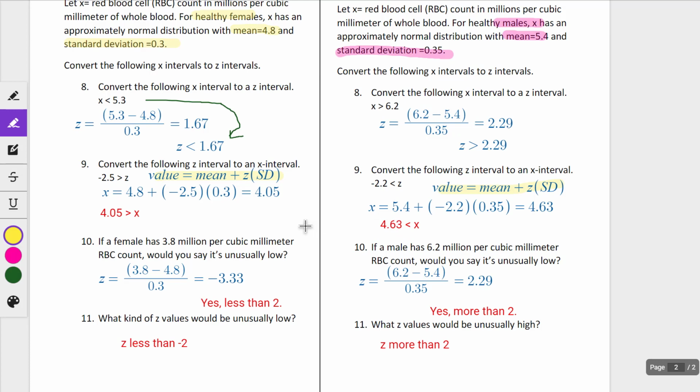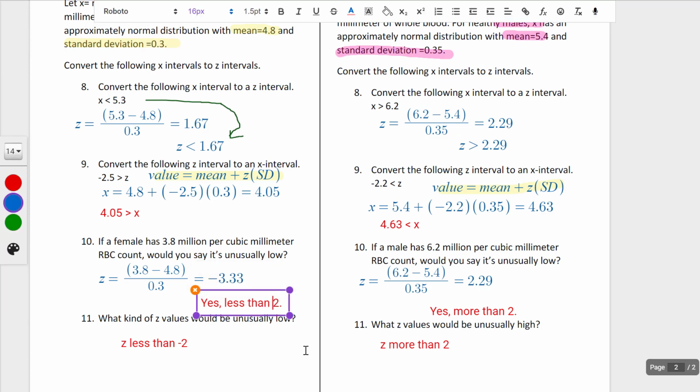If a female has 3.8 million per cubic millimeter RBC count, you say it's unusually low. Best way to do it is to calculate a Z-score, and we got negative 3.33. So anything less than negative 2 is unusual, and anything more than positive 2 is unusual, all right?